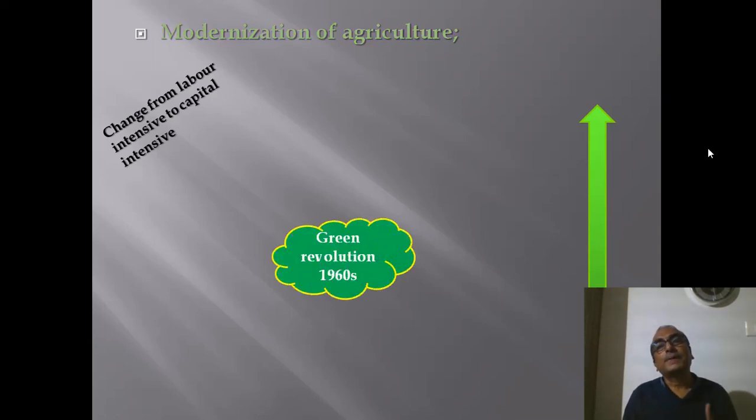Now let's take up in what way the green revolution has given an opening to modernization of agriculture. First come HYV seeds, that is hybrid variety seeds.